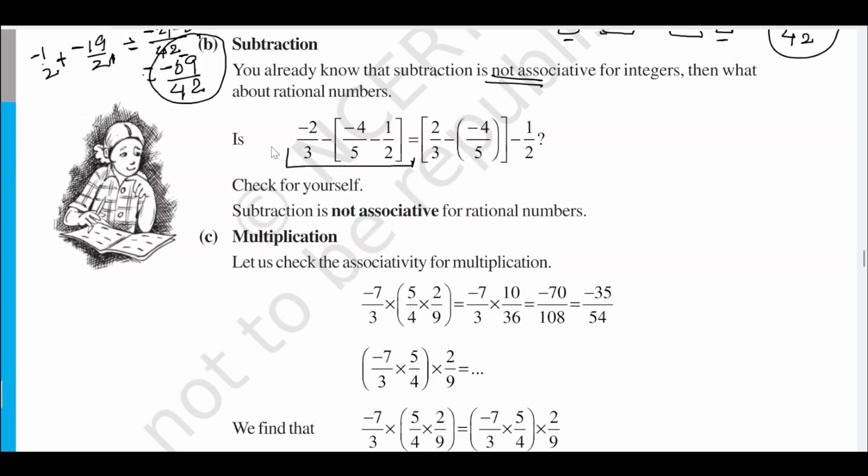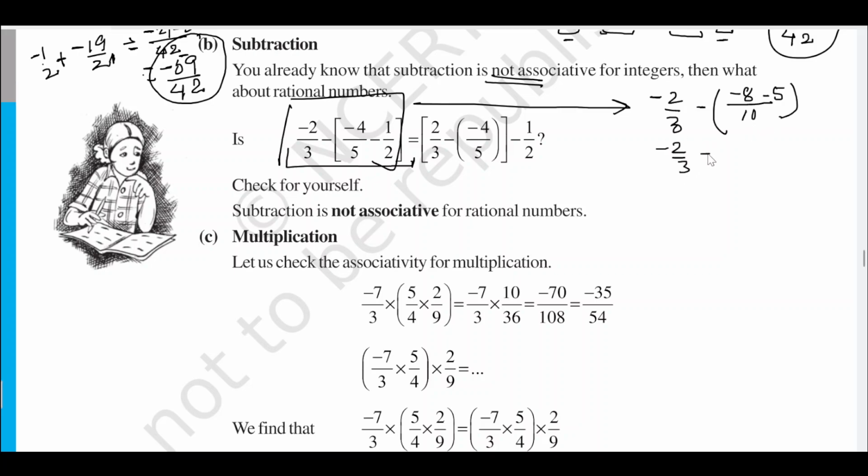So, LHS side, we are getting, first we will solve this. Minus 2 by 3 is outside the bracket. So, first the thing inside the bracket is, here we will get 10 minus 8 minus 5. Okay, minus 2 by 3 minus 13 by 10.